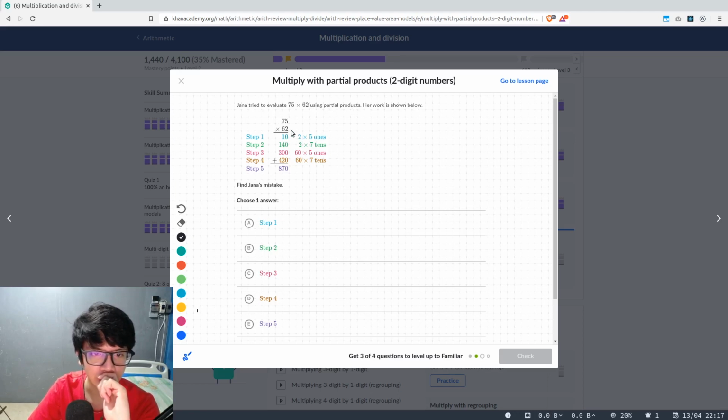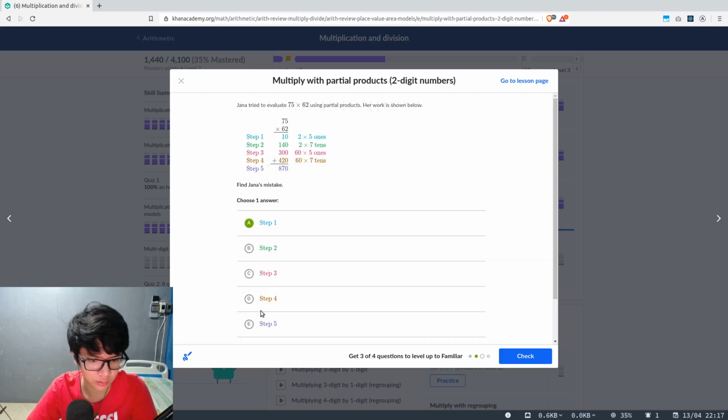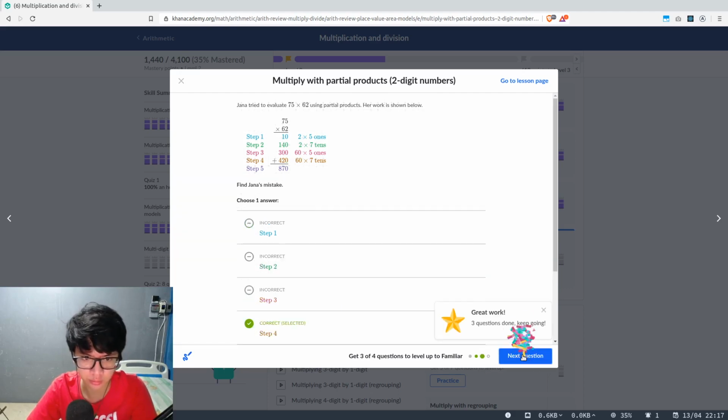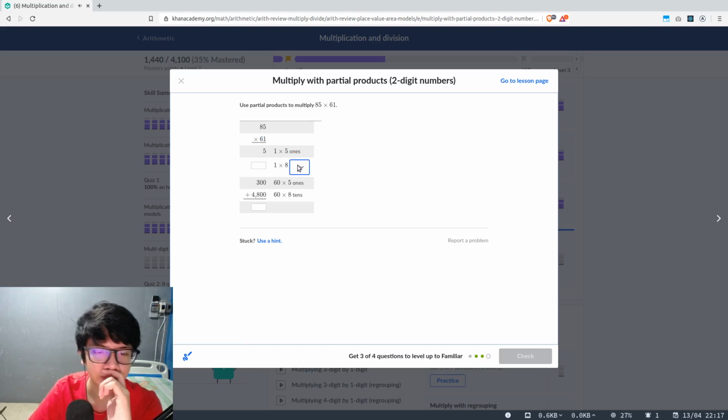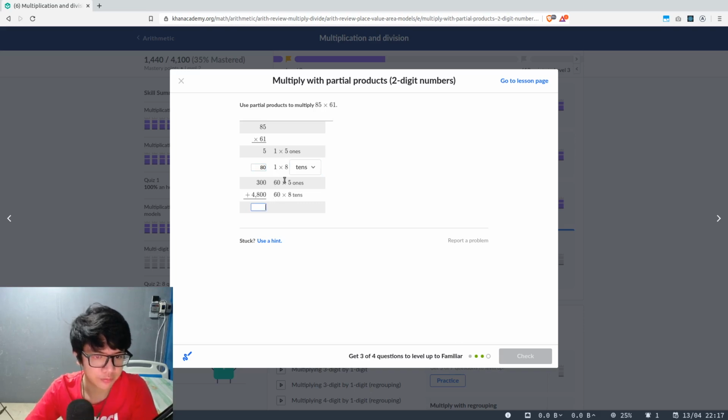Two times 5 is 10, 2 times 140, 300, 70. Step 4 is your mistake. Okay, step 4. 1, 5, and 8 tenths, so it's going to be 18. Then I'm going to add everything up. So we have 5100 plus 85.